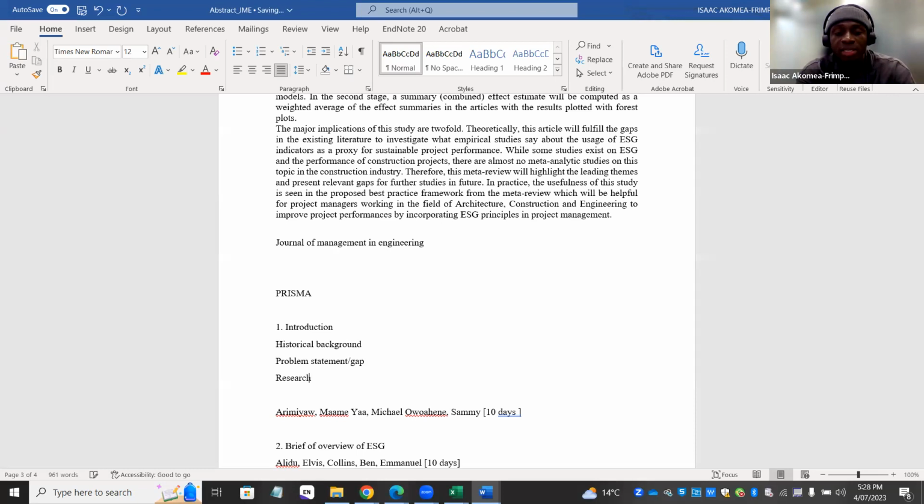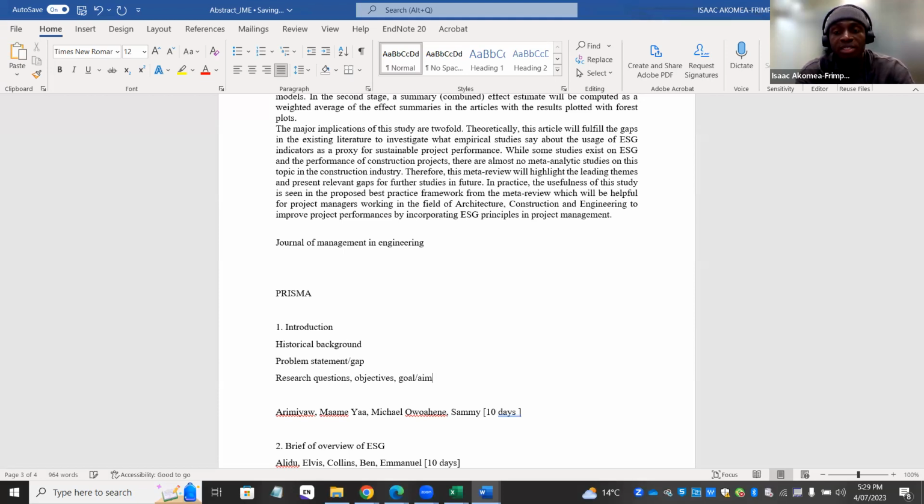Either you decide to come out with a research question, which could be one question or several questions, and you can also add the objectives, depending on how you want to go about it. The objectives may state only the research purpose, which in this context is the same as the research goal or research aim.